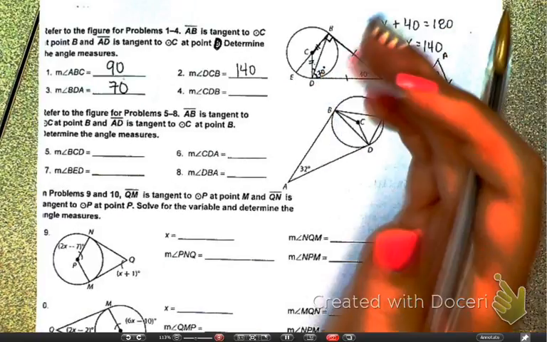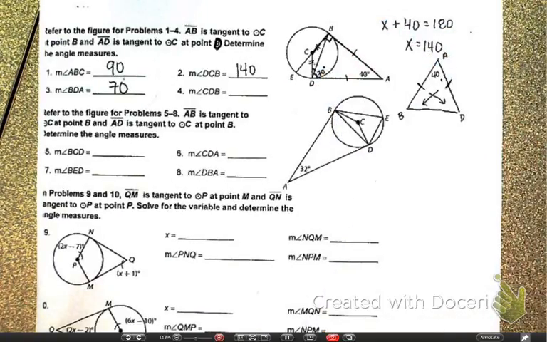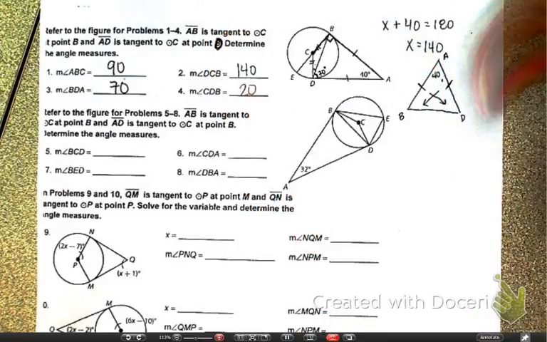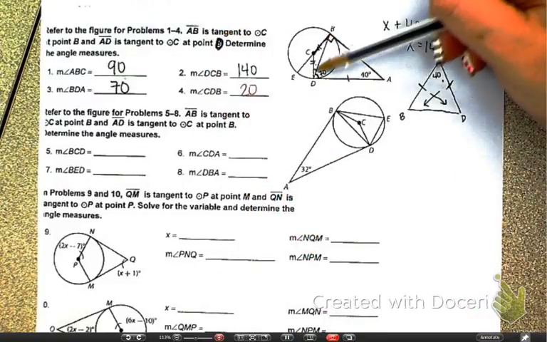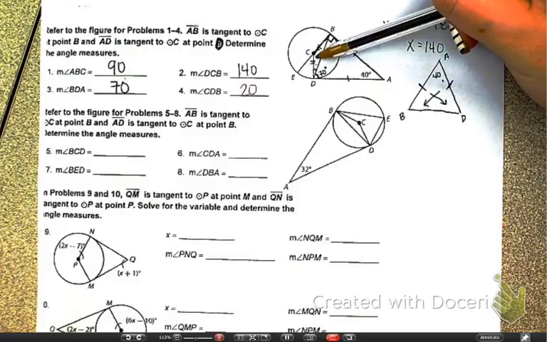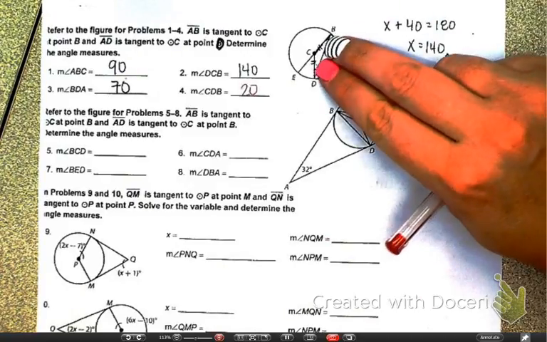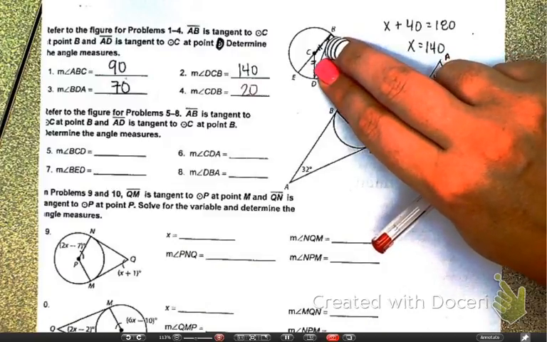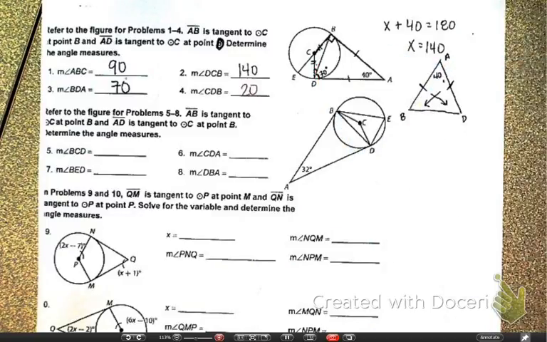Because the radius and the tangent make a 90-degree angle. So 90 minus 70 is 20. Or I can look at it as an isosceles triangle. I know my central angle is 140, which means I have 40 degrees left for both of those little angles. You would divide it by 2, and you would get 20. Okay, so either way works. Are you okay with that?